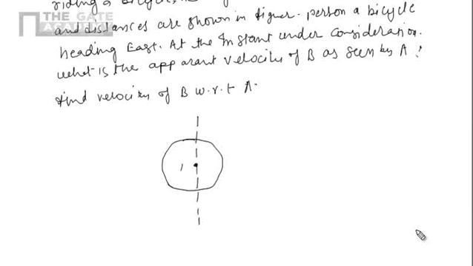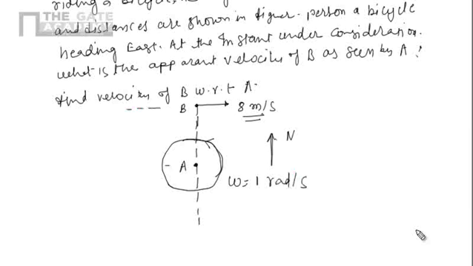Here at the center there is person A, and here there is person B who is heading towards east with velocity 8 meters per second, and this one is north. The rotating platform is moving anticlockwise with omega 1 radian per second, and the distance between A and B is 5 meters.